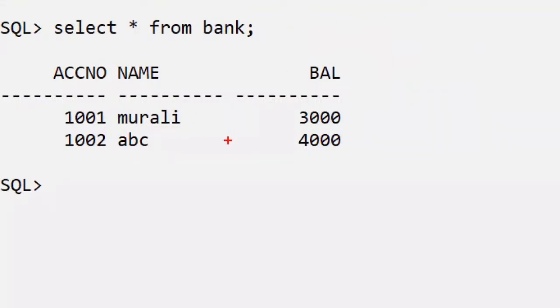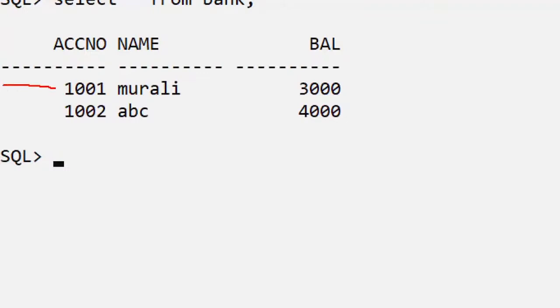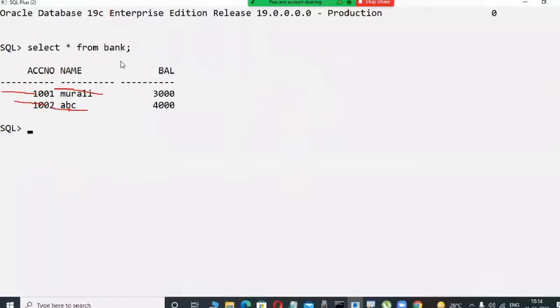In a table format only, we store the data. Suppose this is an SBI bank. Observe here, these are columns: account number, name, and balance. These are called columns. Here 1001 and so on, these are called rows or data.